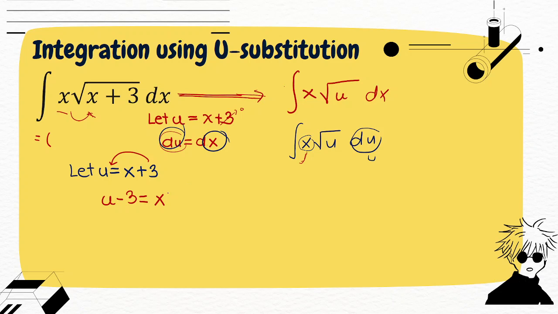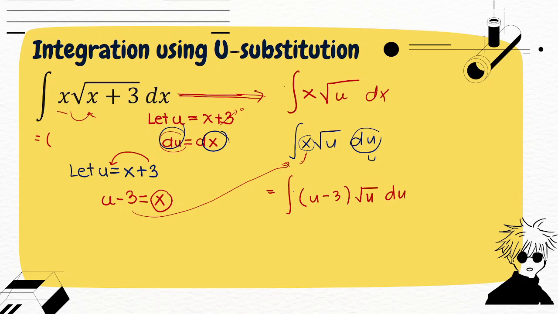So, si x daw, equal lang din pala sa u minus 3. Therefore, I can replace this x by u minus 3. So, basically, the answer is integral of u minus 3 multiply to what? Multiply to square root of u du.